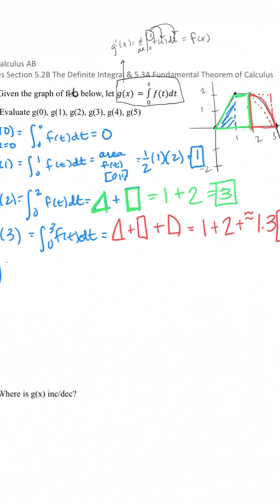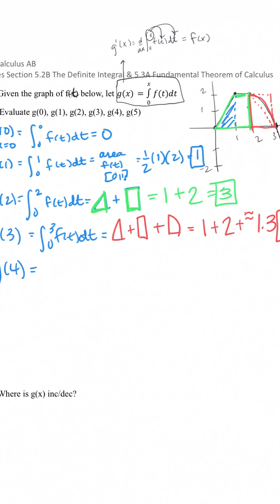All right, g of 4 is going to be approximately 4.2 plus that other part that we're saying is below. Now here's the thing. Let me back up a little bit.